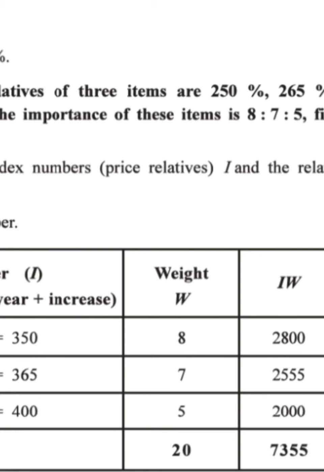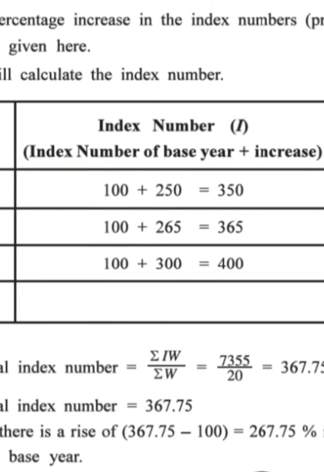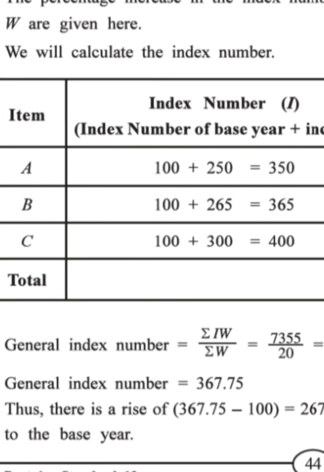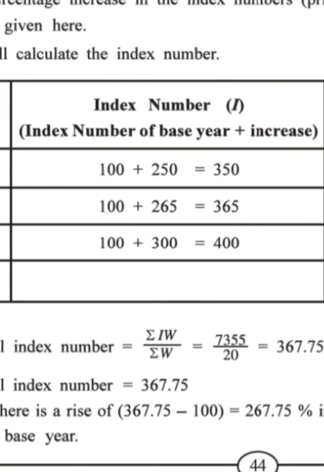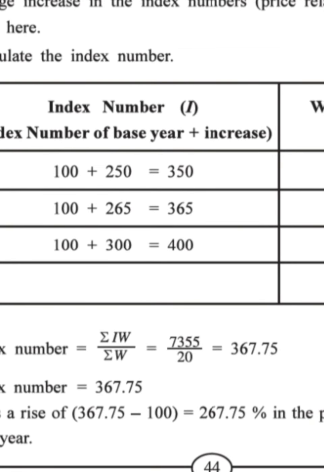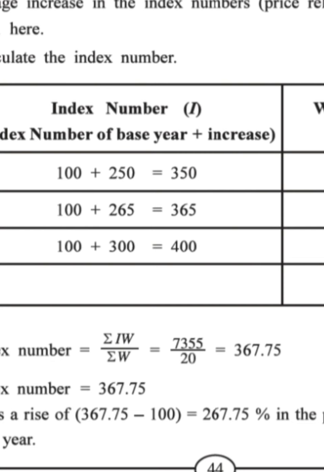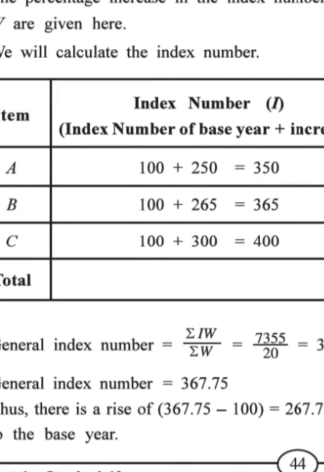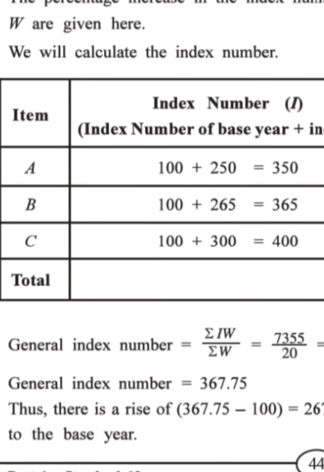So your sigma IW is coming up to 7355. Now we are going to find out the general index number. The general index number is equal to sigma IW upon sigma W. Sigma IW we have got the total 7355. Sigma W we have got the total 20. Just divide them, it will give you 367.75. That is our general index number, right?